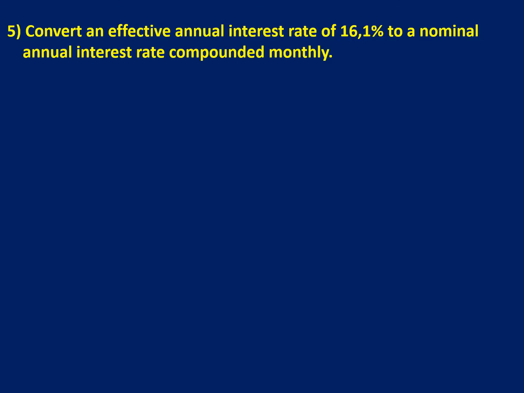Let's look at one more example. This time we've got an effective annual interest rate of 16.1%, and we want to convert that to a nominal interest rate compounded monthly. In other words, I'm actually going to earn 16.1%. And what should the bank have told me I'm going to earn?